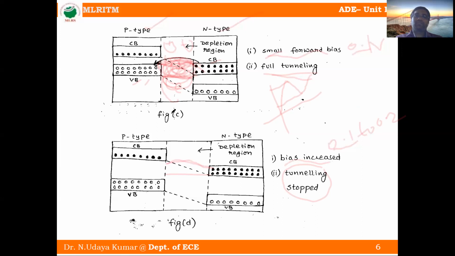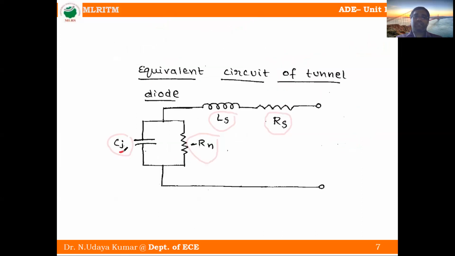That capacitance we call CJ, the junction capacitance. This is the negative resistance, lead inductance and lead resistance. These are the leads.